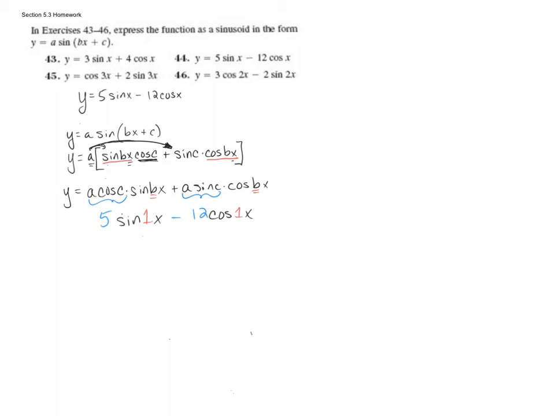So I tried to color code this so that you can start to see the parallels that we have here. Maybe I should put y equals in front. So this is what we were given, and we were trying to write it like this.